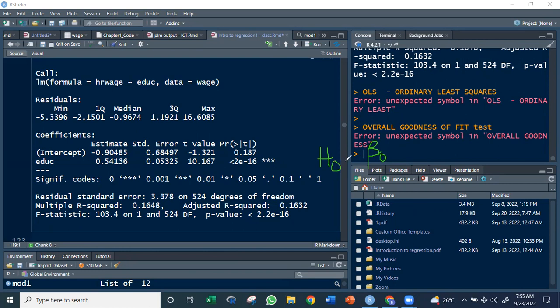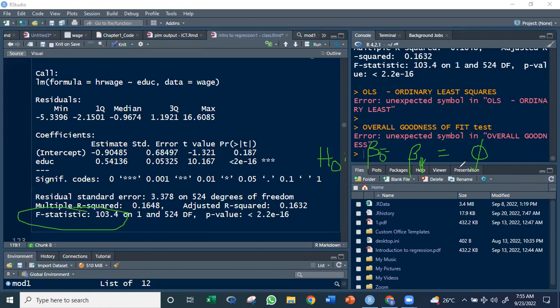So remember, class, this is your F statistic, and it's coming from a statistical test. The null hypothesis is that beta 1 for your education is equal to 0. Okay, so this is beta 1. This is the test that we're doing.